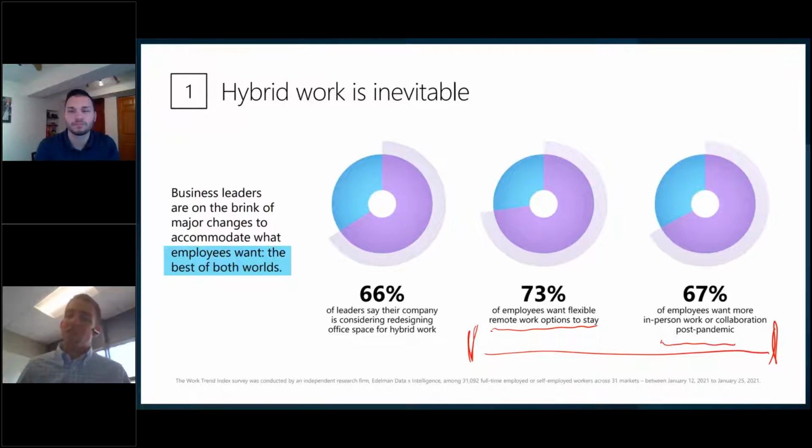There's a tension between flexibility and remoteness and in-person and collaboration, and navigating that difference. The tools we're talking about today aid us in driving better outcomes from those two different points.